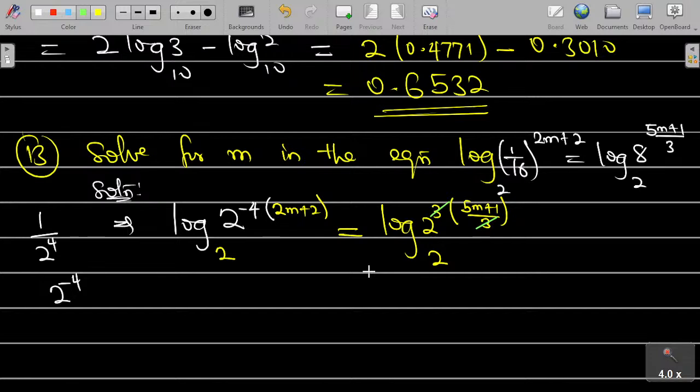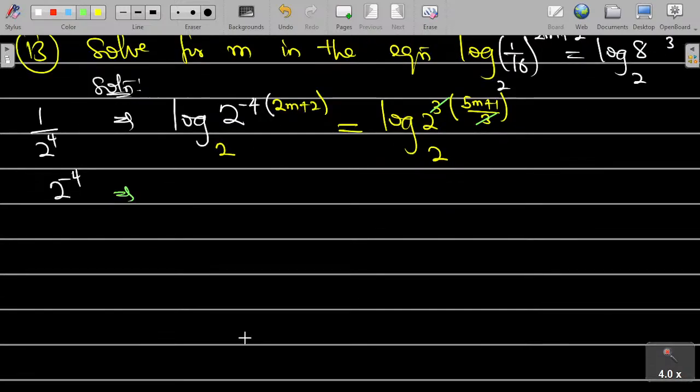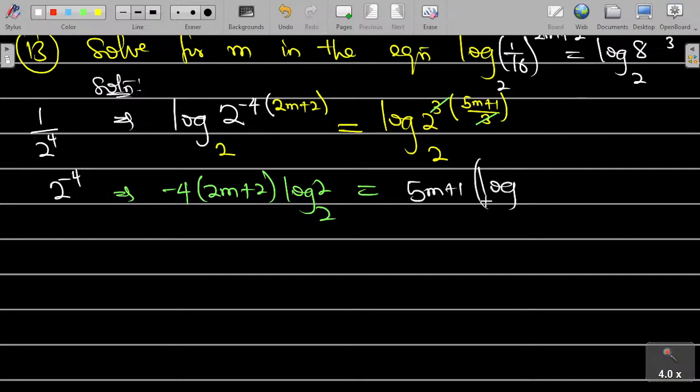So now I can take all the powers to the front. This gives me minus 4 into the bracket of 2m plus 2, times log 2 base 2, equal to, on this side, only 5m plus 1, multiplying log 2 base 2.